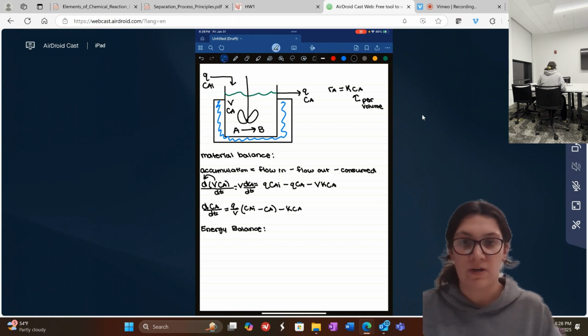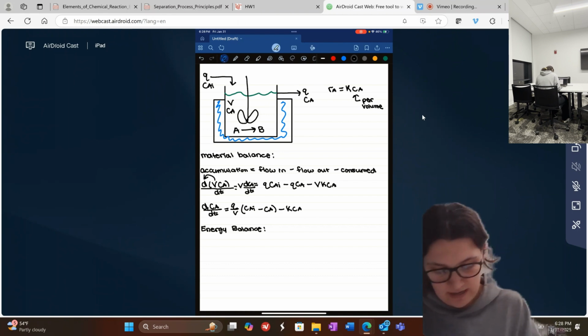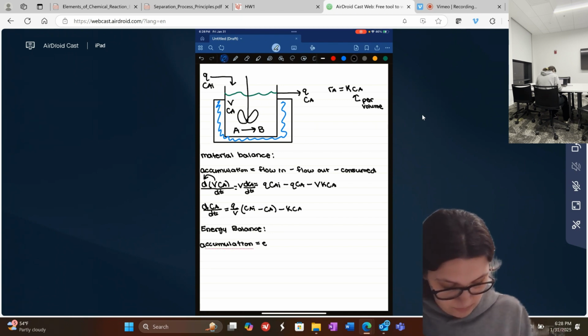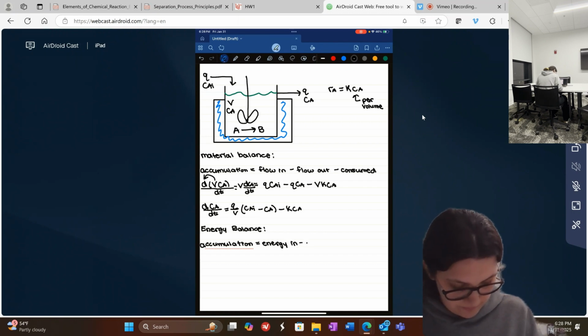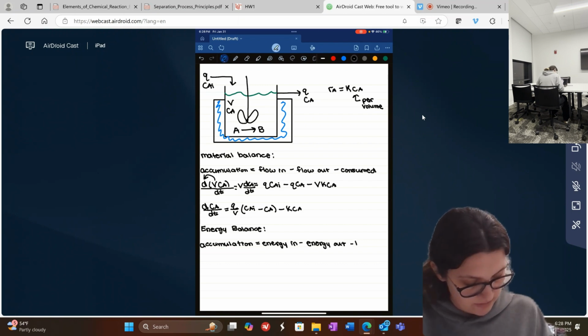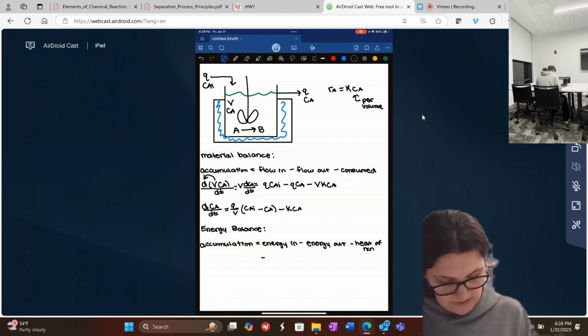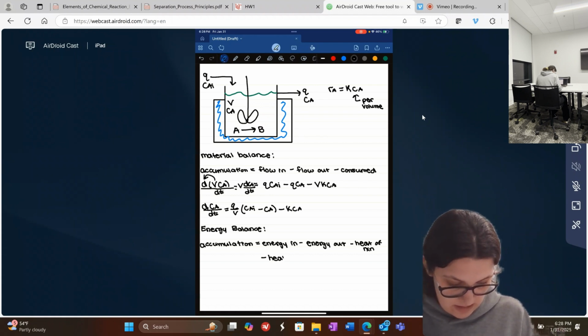This is a very similar situation. We're going to have some accumulation of energy within the reactor, which is equal to the flow of energy into the reactor minus the flow of energy leaving the reactor minus the heat of reaction and minus the heat transfer.